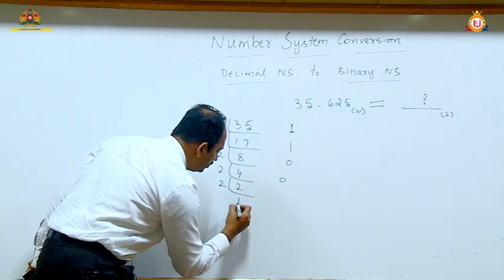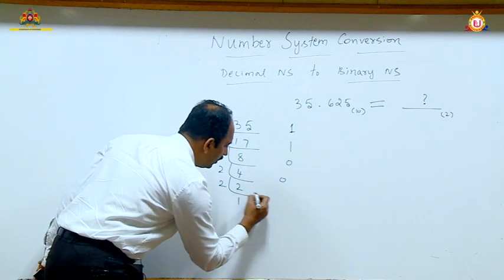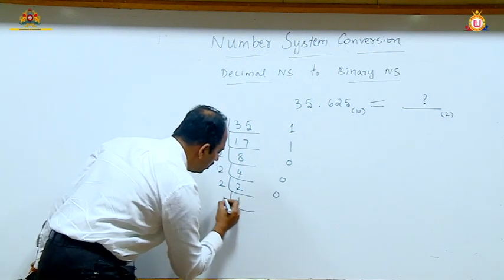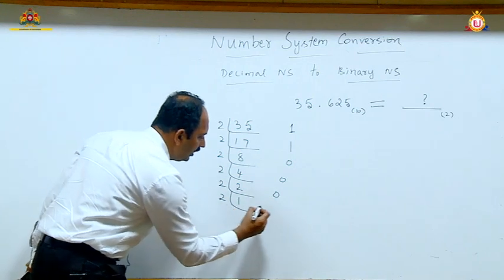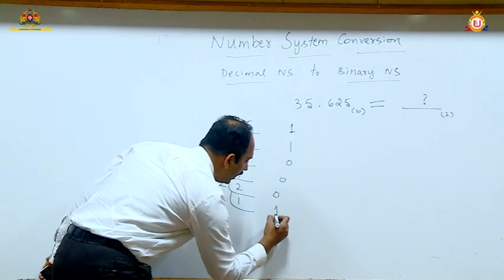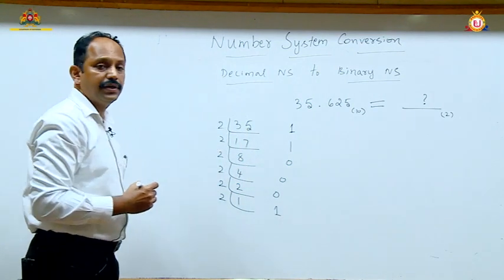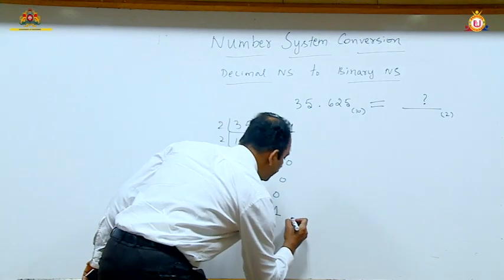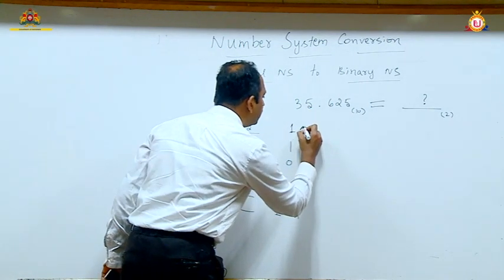Then 2 times 1 is 2, the remainder is 0. And 1 cannot be divided, and that 1 is written as it is. Now you can see it.